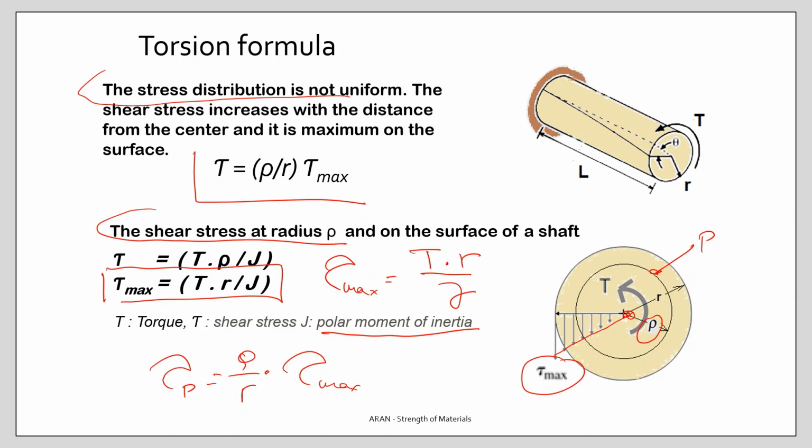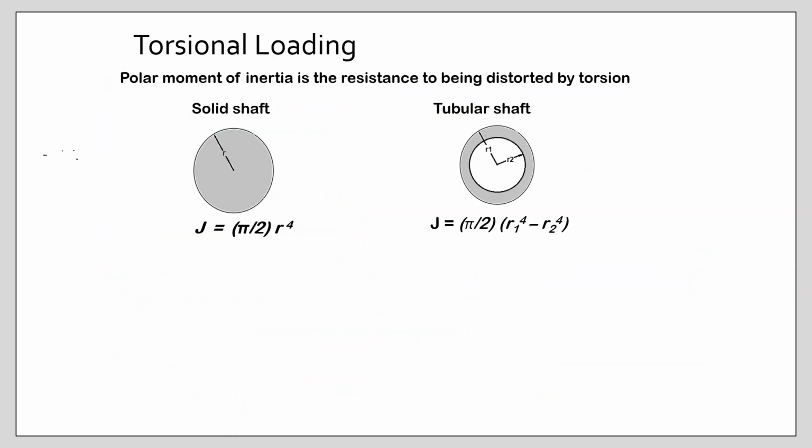Polar moment of inertia represents the resistance of the sections against torsion. The torsion formula is torque times the radius over polar moment of inertia, and for a section, polar moment of inertia is the resistance to being distorted.